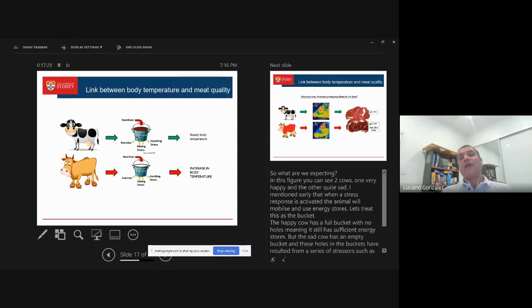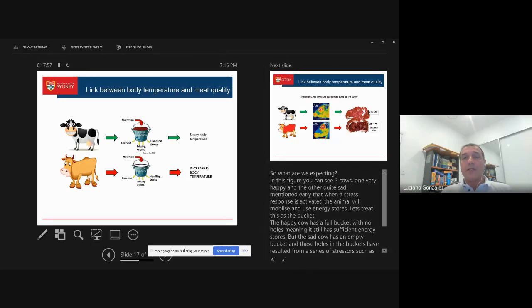And why is that linked to meat quality? Because after you kill the animal, there is a process of maturation of the meat. And that process involves enzymatic breakdown of glycogen in the muscle into glucose to lactate, because it's an anaerobic degradation. And that lactate is then what reduces the pH of the meat.